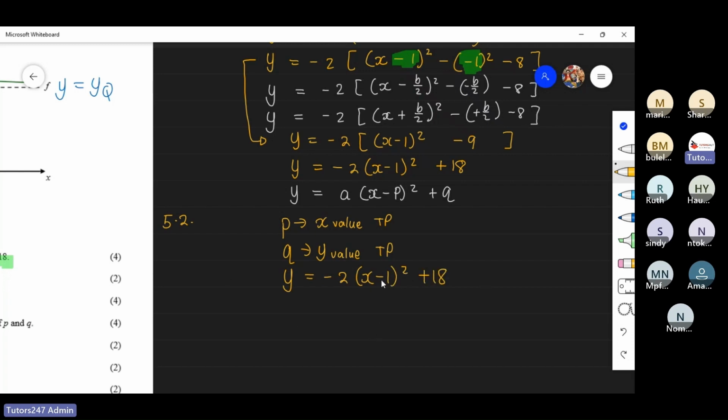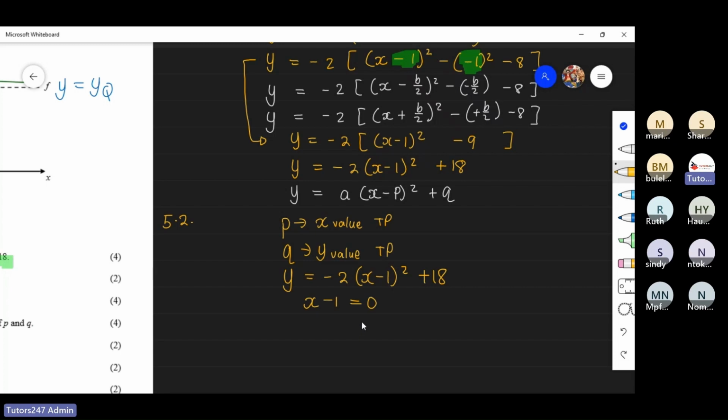From here, extract what's in the bracket: x minus 1 equals 0. Always extract what's in the bracket, equate it to 0, and then solve. So x equals 1. And we know that y is equal to the q value, which is 18. Therefore, we can conclude that the coordinates of Q are (1; 18).